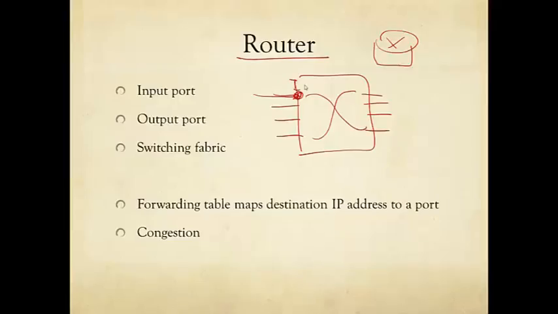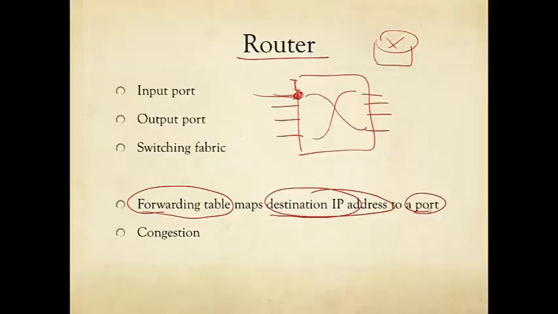Now your job is to have a lookup table and find in this forwarding table what I should do now. It maps a destination IP address or blocks of IP addresses to a particular output port. All the destination IP addresses in this group will go to this output port or this output port. Then the switch fabric will push that packet over here, usually by reading and writing into and out of memory.